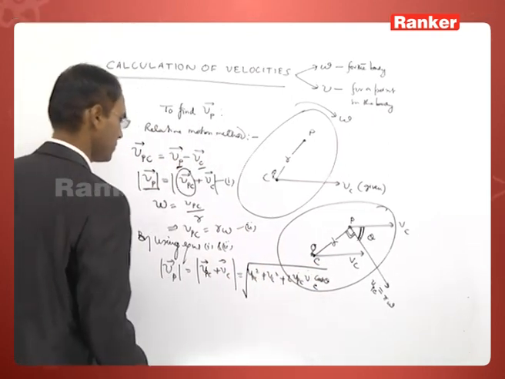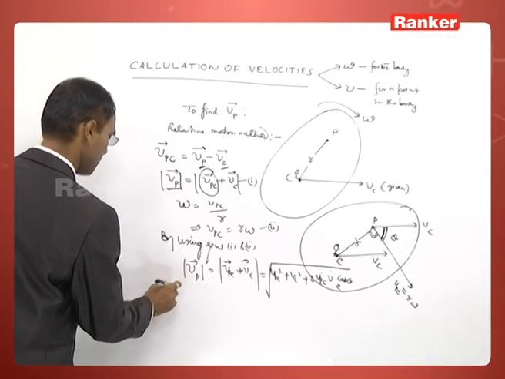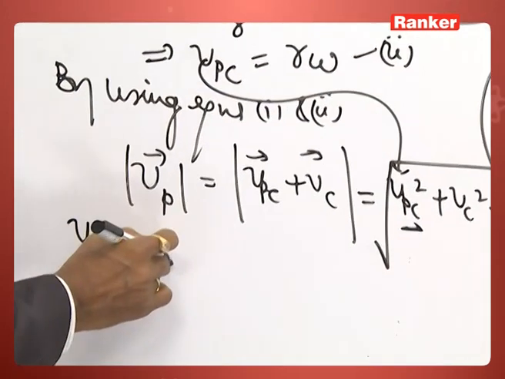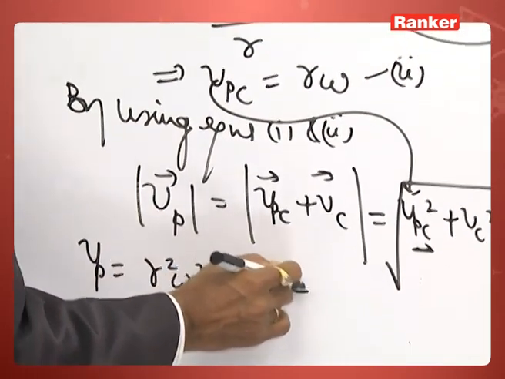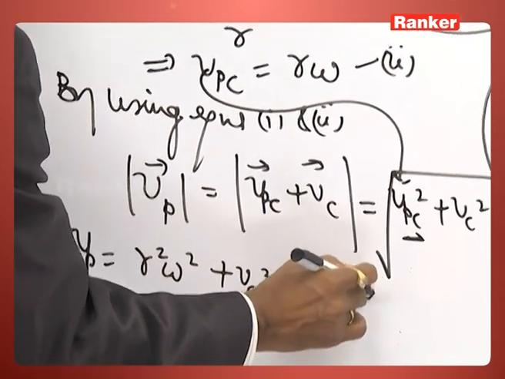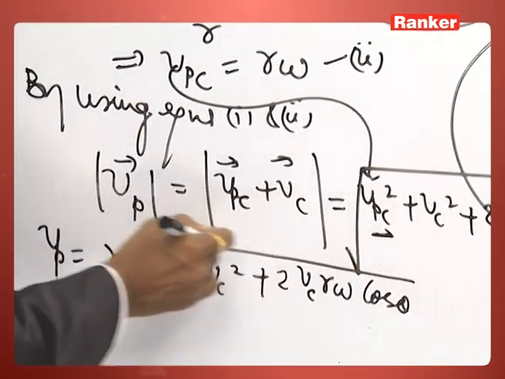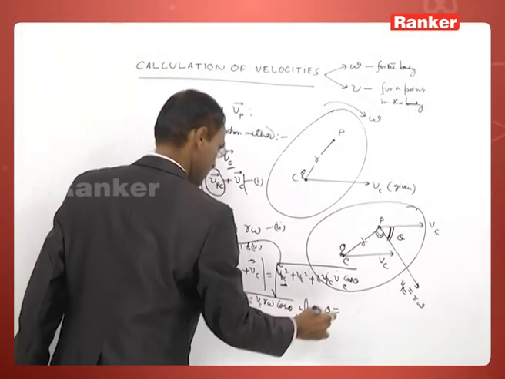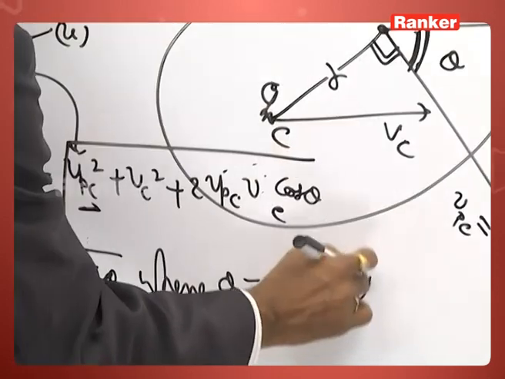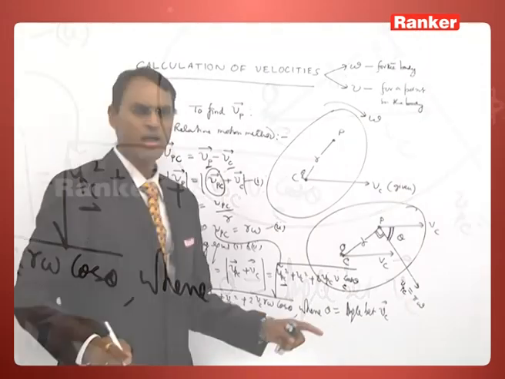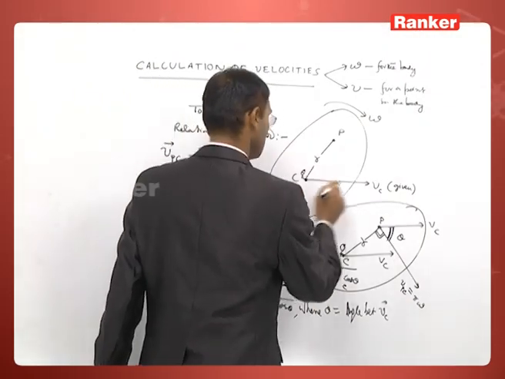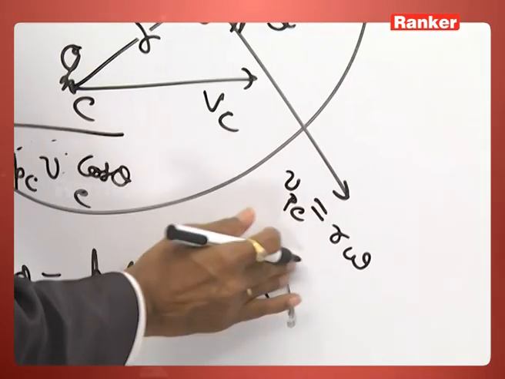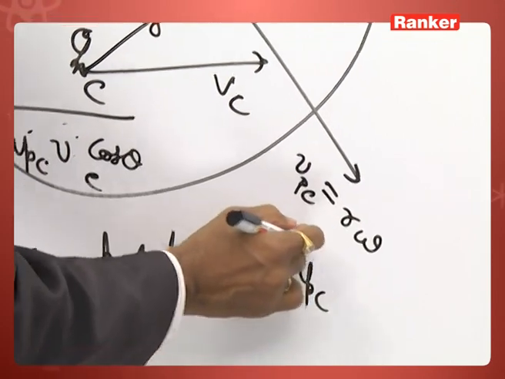Take the square root of this. So VPC can be written as R omega, so VP is the square root of R square omega square plus VC square plus 2 VC R omega cos theta, where theta is the angle between the velocity of the point that is given and the velocity of point P with respect to C.